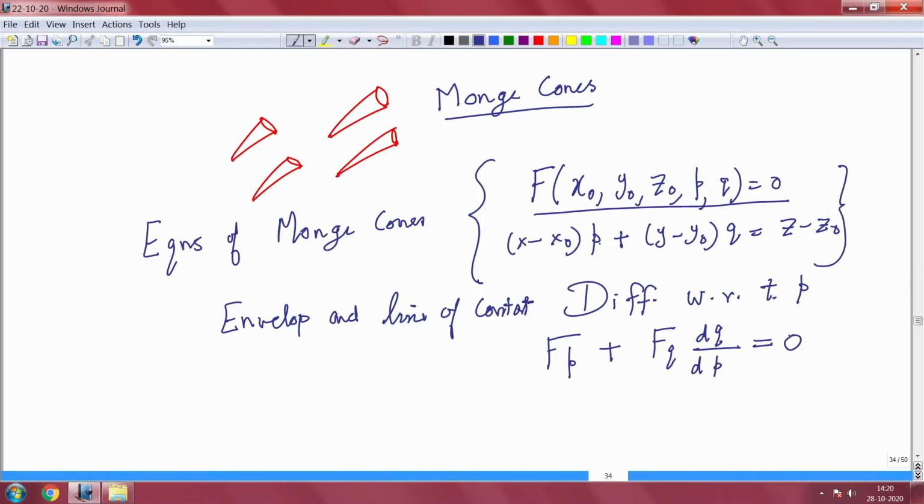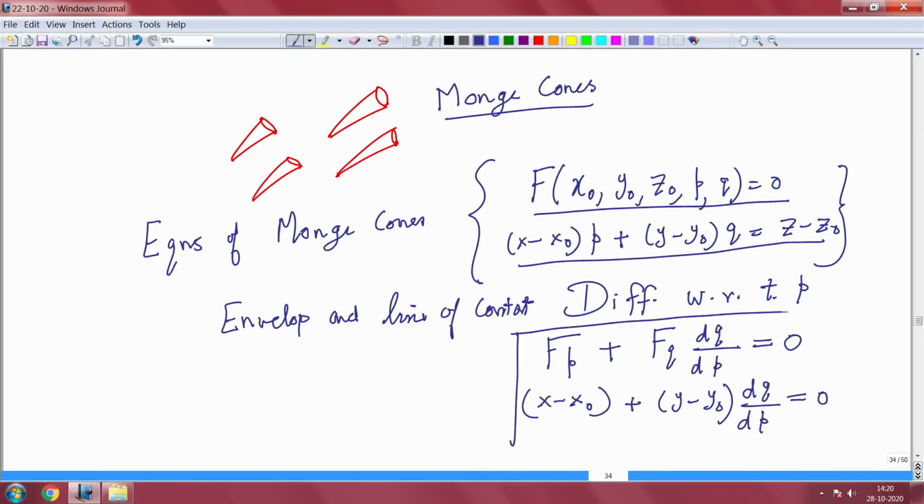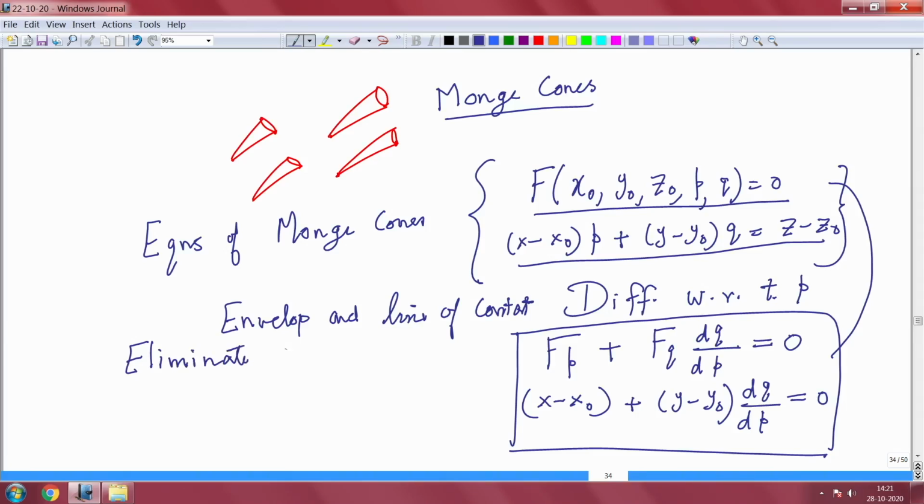If you differentiate the second equation with respect to p, you get x minus x naught plus y minus y naught into dq by dp equal to 0. So you have two equations, and together with the earlier equations you now eliminate dq by dp.